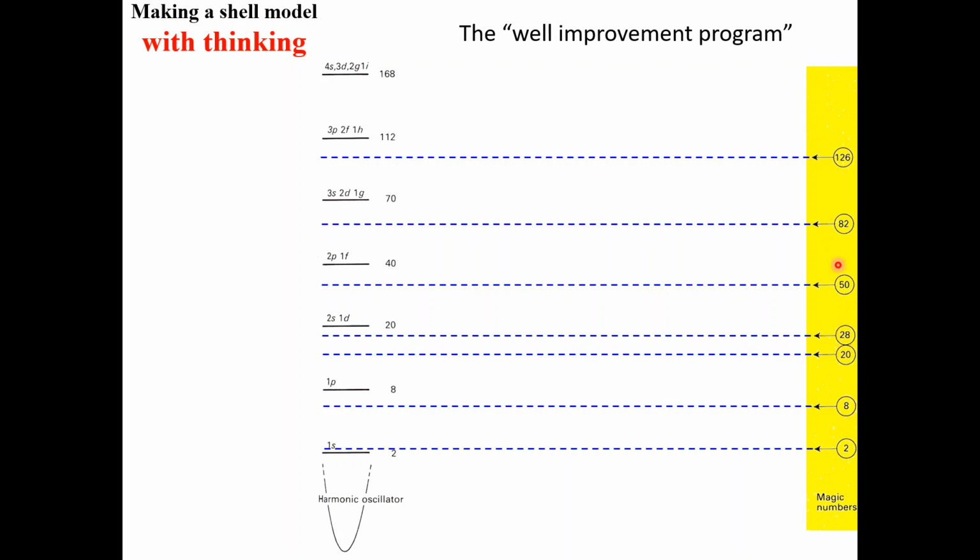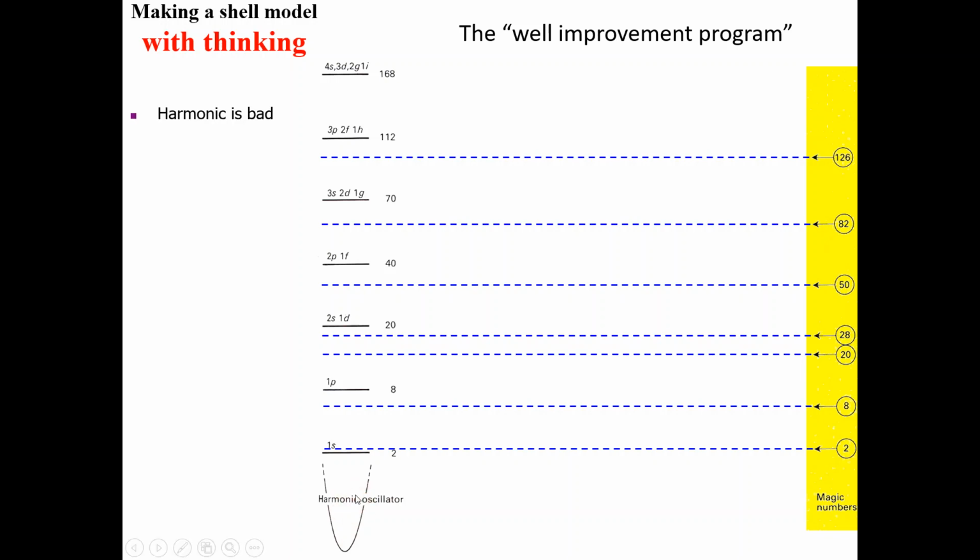You can see it here. These are the desired magic numbers, and these are the numbers we are getting with the harmonic oscillator. So how can we modify or improve this by applying the harmonic oscillator concept?